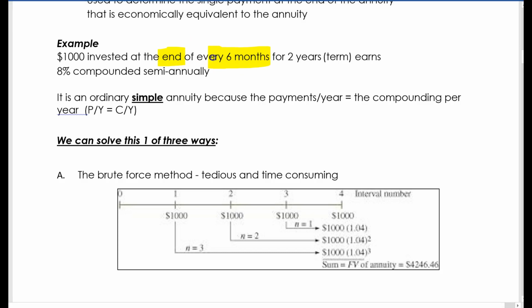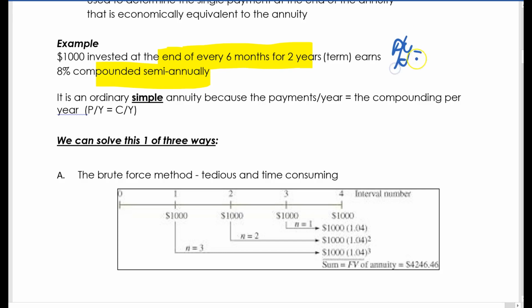And every 6 months, which is also compounded semi-annually, makes it a simple annuity. Going back to our original, the simple implies that the payment interval is the same as the compounding frequency, and the fact that it's at the end makes it an ordinary annuity, not an annuity due.